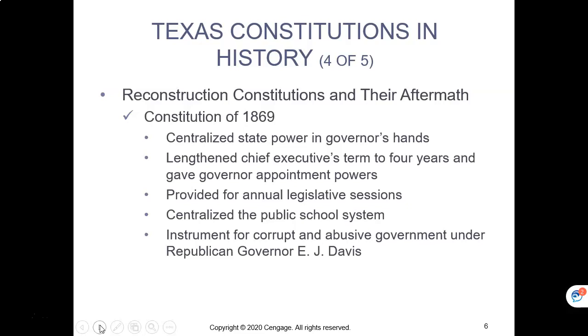If there were any Democrats, and E.J. Davis, of course, was a Republican, if there were any Democrats that were in the legislature, if they tried not to come to legislative sessions, he would go and have them arrested. So E.J. Davis was not a nice person.